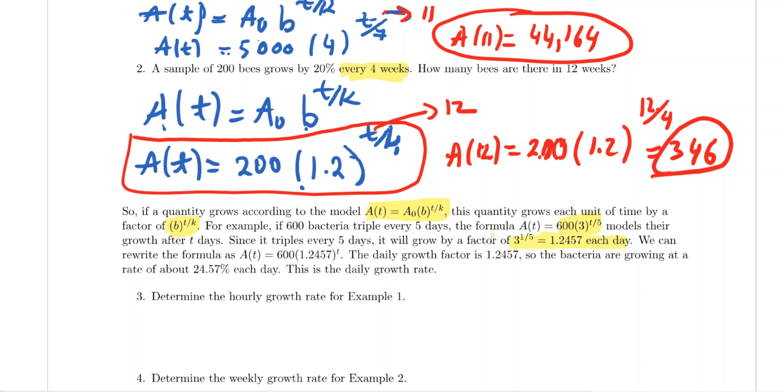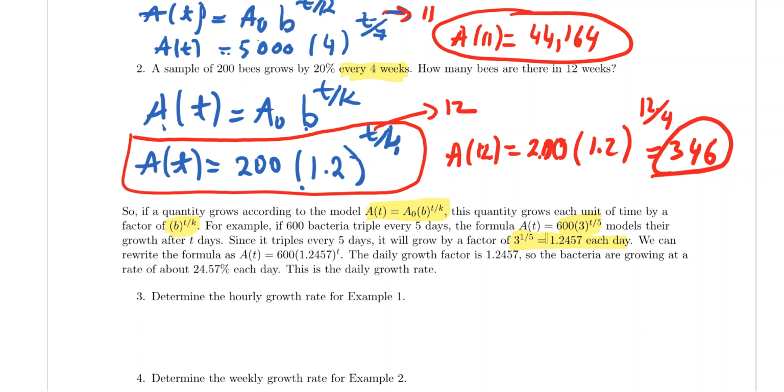I just plugged in 1 instead of T, because it grows by something a day, and then the second day, the third day, the fourth day, and the fifth day. It's only the 5th day that we know that it triples, but it grows by some amount the first day, and then the second day, and so forth.